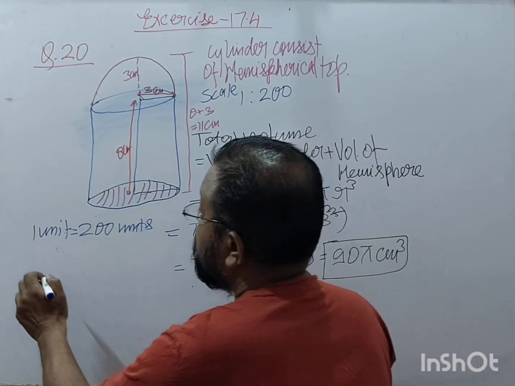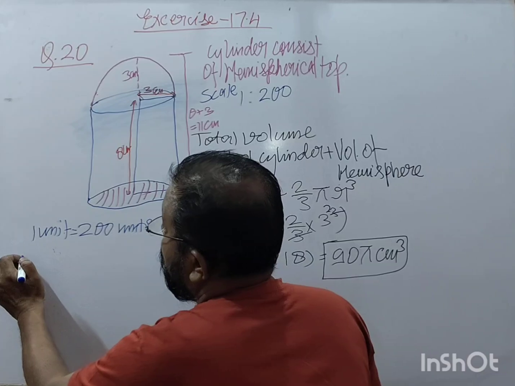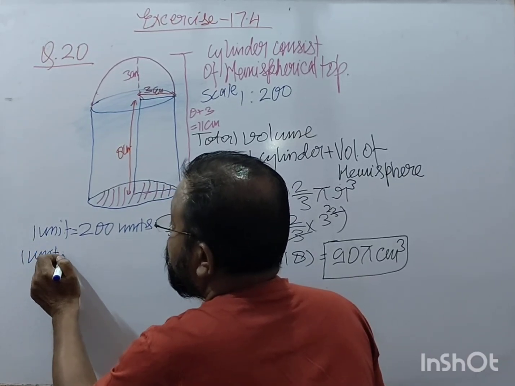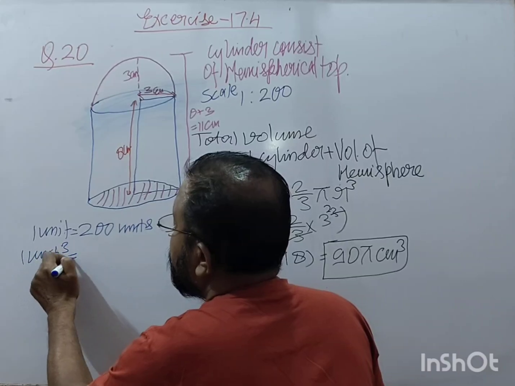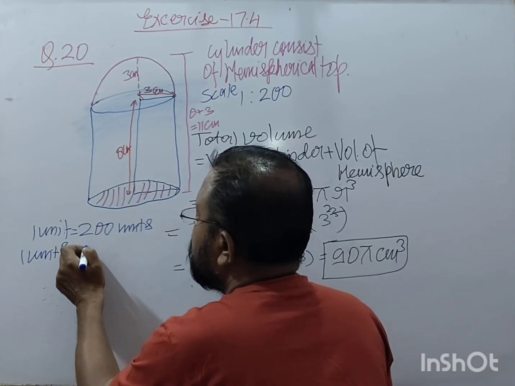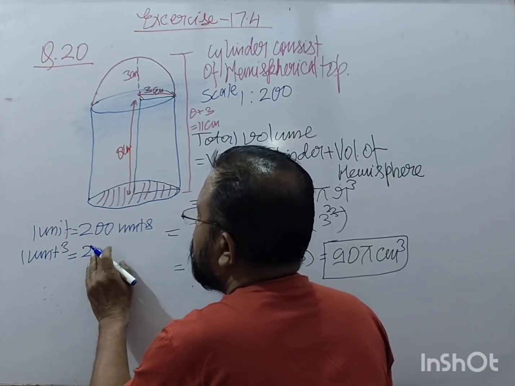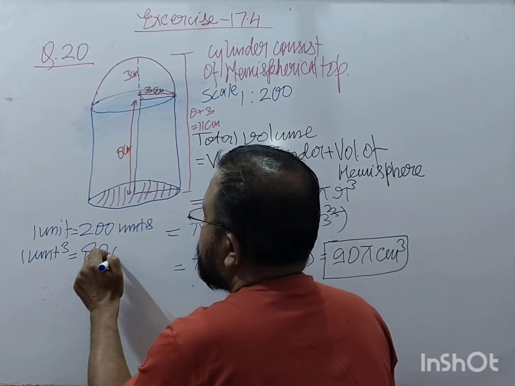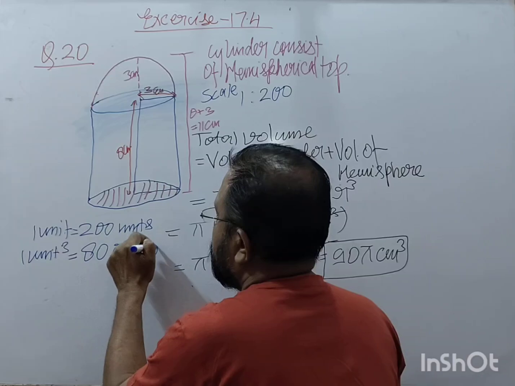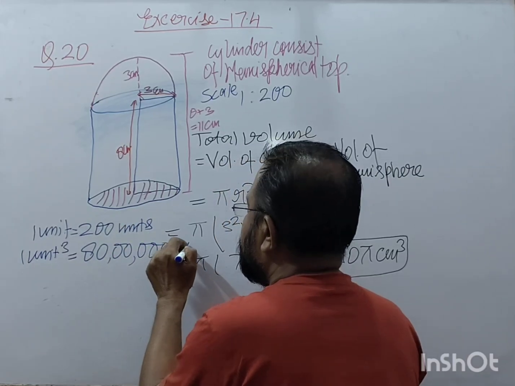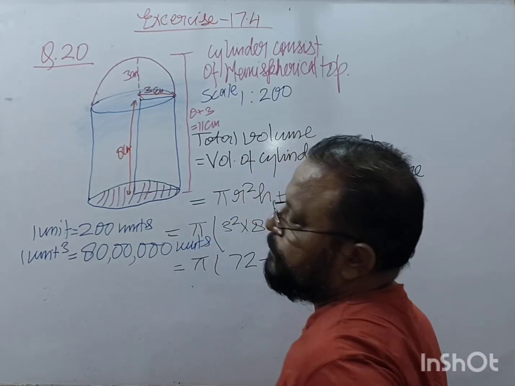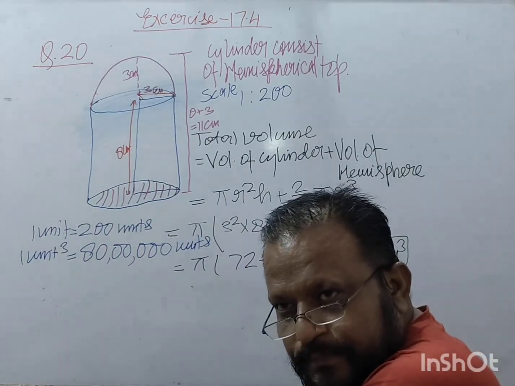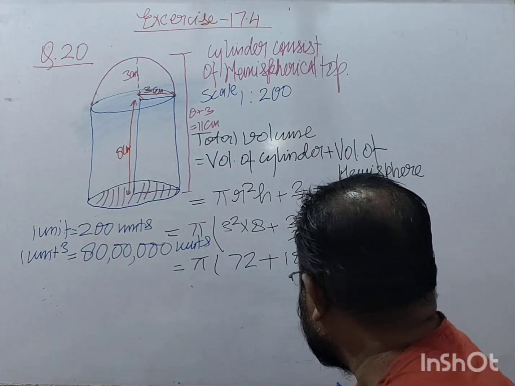So 1 unit cube is equal to 8 and then 6 zeros units, right? This much units are there.